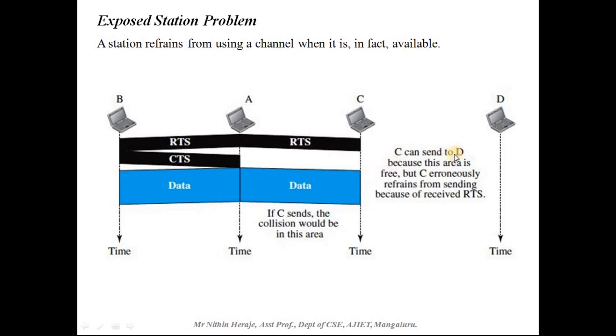It's a waste of waiting. This happened just because C is exposed to A. Though it could be done, it will not do the transmission, and even if it transmits, there will not be any collision. This kind of problem is called the exposed station problem.